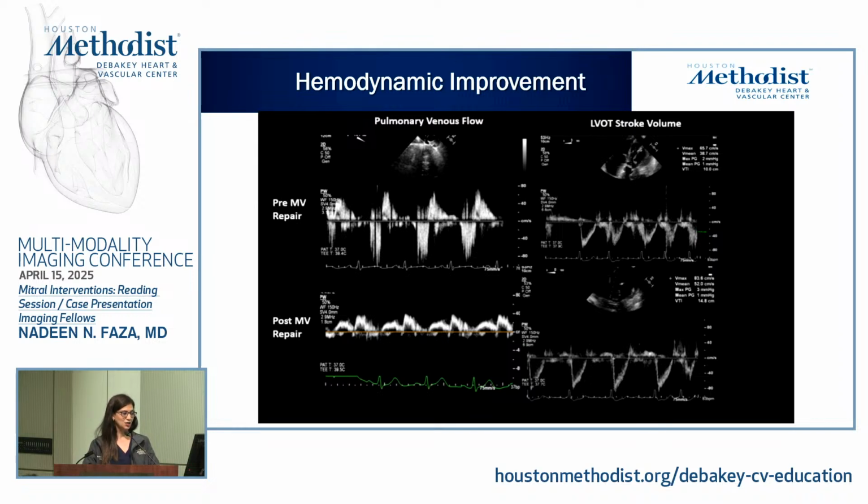And after the procedure, we had systolic forward flow. It's still blunted, but there was systolic flow in the pulmonary veins. We also measure the LV stroke volume using the LVOT from the deep transgastric views, and any increase in your LVOT stroke volume, specifically if it's more than 20%, signifies significant reduction in mitral regurgitation.